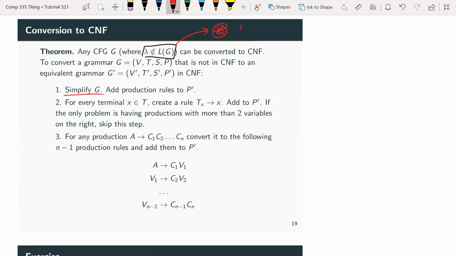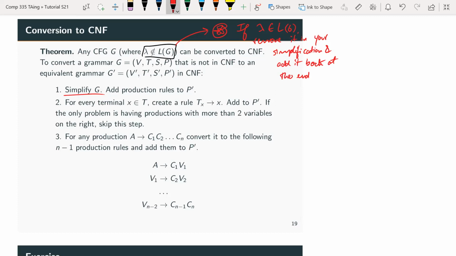So maybe let me write, if lambda is in L of G, remove it in your simplification, and add it back at the end. So what that'll mean is that you won't have a grammar which is exactly CNF, but almost, right? The only thing that won't make it CNF is the lambda production. Okay.